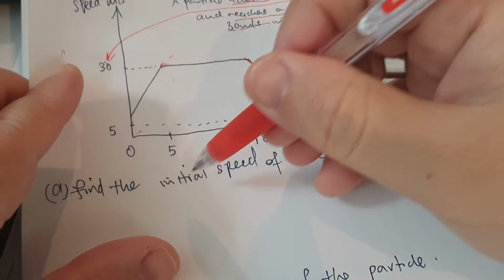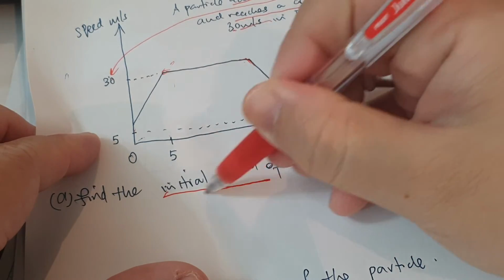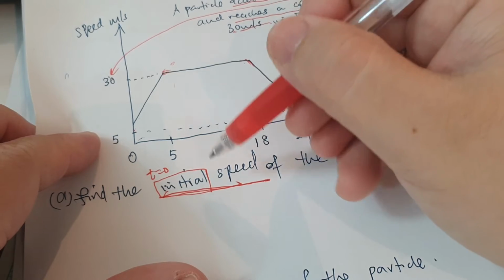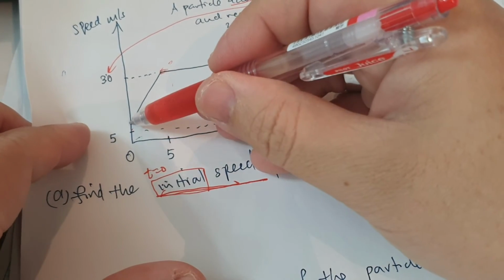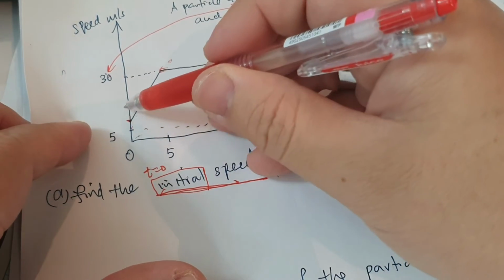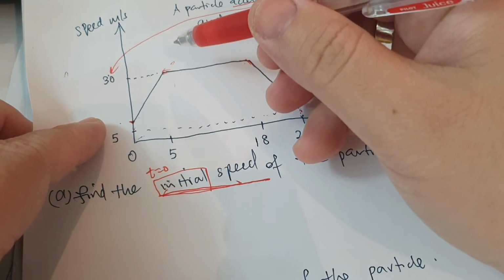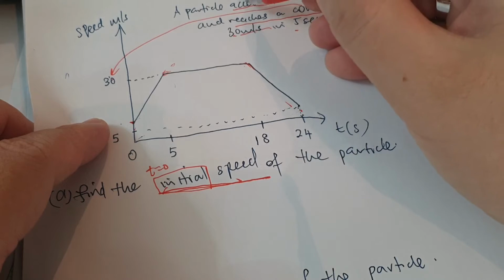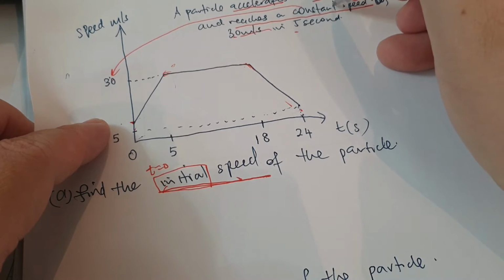What did they ask you to do? They ask you to find the initial speed. Remember, initial means when t equals 0, when you first start timing. So they want you to find this speed. How do you do that? They tell us that the acceleration is 4.